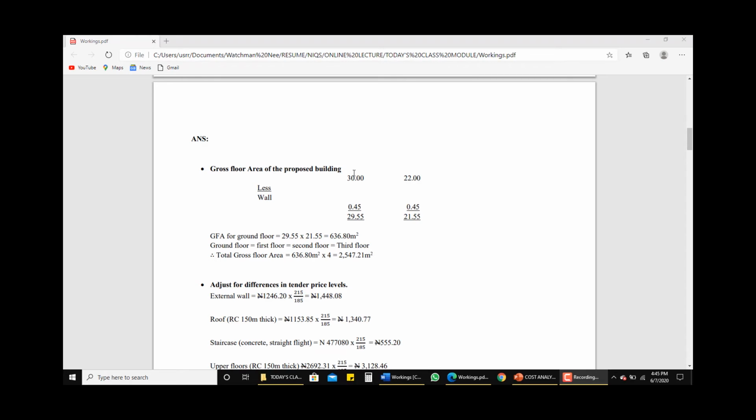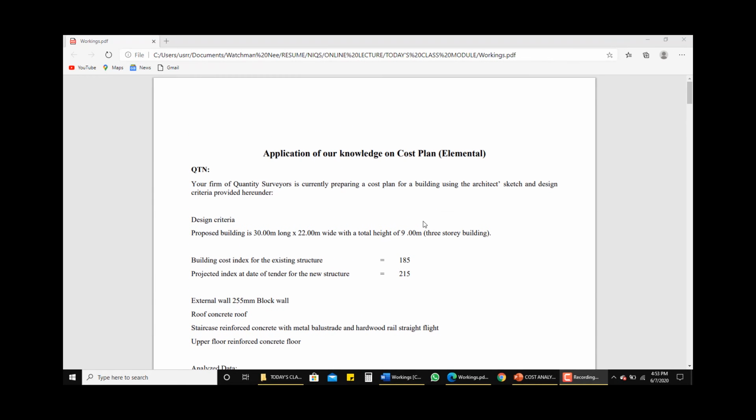So we less that from our length and from the breadth of the building, and we have this figure. We multiply the two together to get our gross floor area for the ground floor, which is 636.80 square meter.